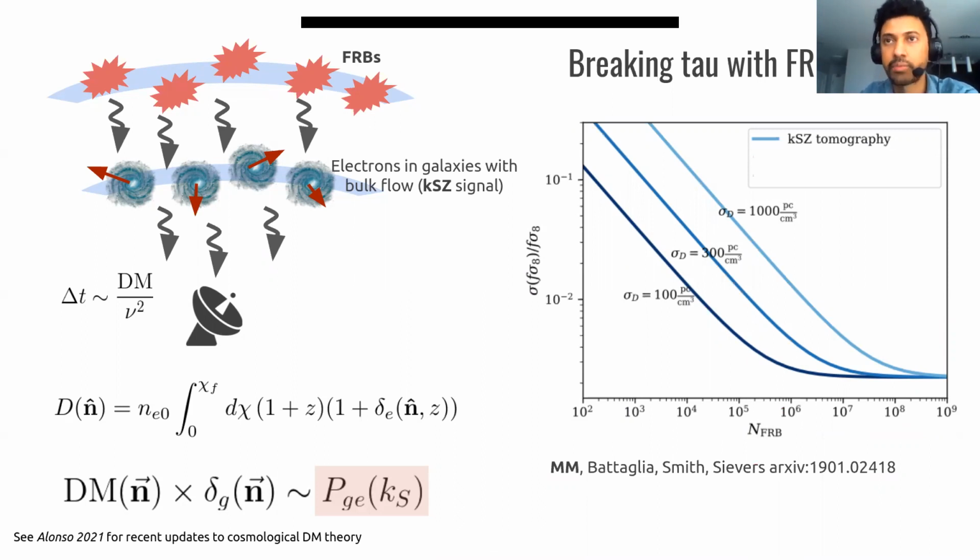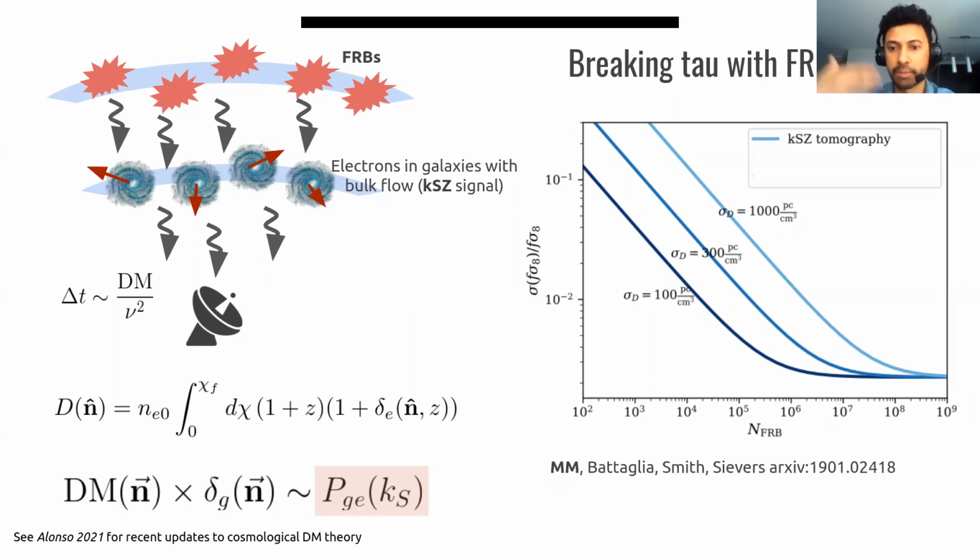If you didn't have any FRBs, then I'm completely marginalizing over the optical depth, which is a weighted integral of the galaxy-electron power spectrum, and you have no constraining power on the left here. As you add more FRBs, you get a tighter prior on the optical depth, and a much better constraint on the cosmological f sigma 8, until you saturate that just because of sample variance, right?